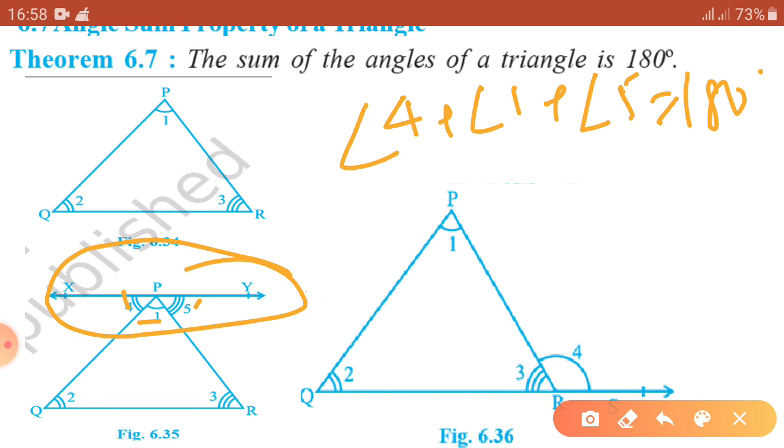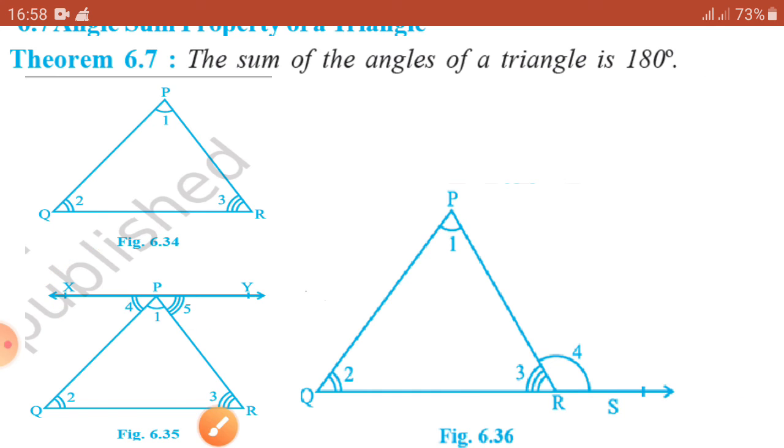But here XPY is parallel to QR and PQ and PR are transversals here. So we can say that angle 4 is equal to angle 2 and angle 5 is equal to angle 3 here. Okay, because these are the pairs of alternate angles.